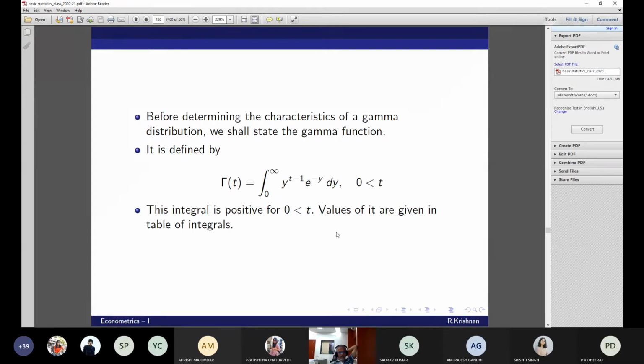Before determining the characteristics of a gamma distribution, we shall state the gamma function. It is defined by this. This integral is positive for 0 less than t. The values of it are given in tables of integrals always.